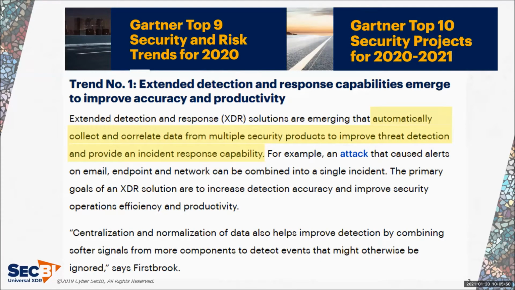Gartner did say about a year ago that XDR is going to be one of the top security priorities projects for 2020, as well as one of the top 3 for 2021. And we actually see that in the market, where more and more organizations understand that their best of breed solutions can do much more once you actually connect and correlate the data they produce.